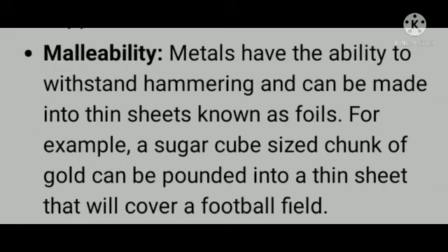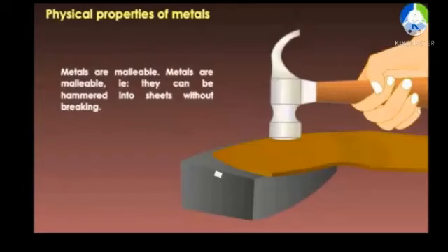What is malleability? Ductile and malleable. Ductile means metals that can be drawn into wires. Malleable means they can be made into sheets. Okay, thin sheets. Thin wire means ductile. Thin sheets means malleable. Okay, so by using a hammer, we can beat the metals into thin sheets without breaking. That property is called as what?